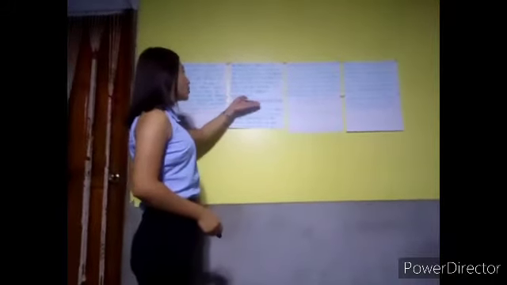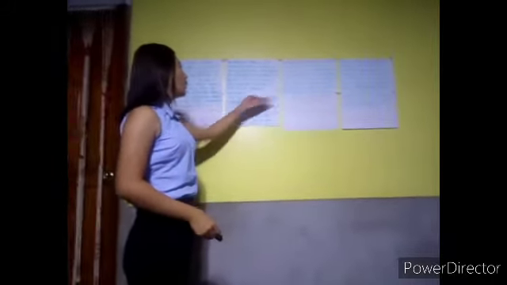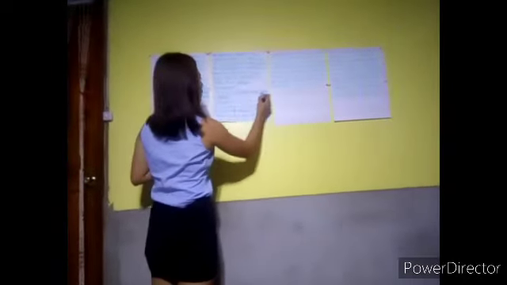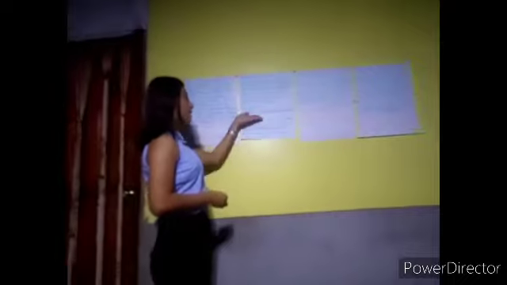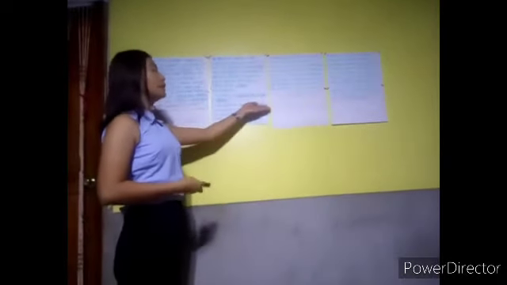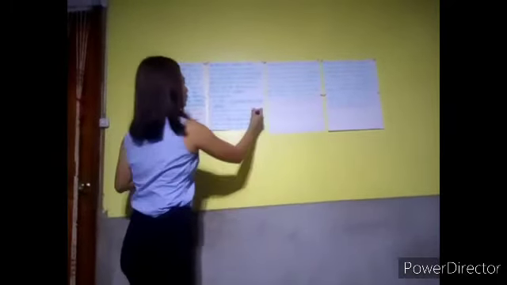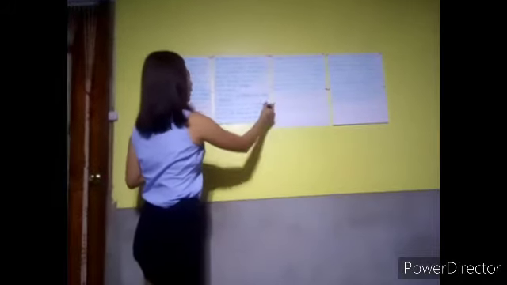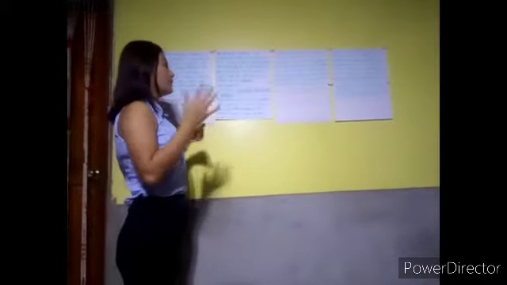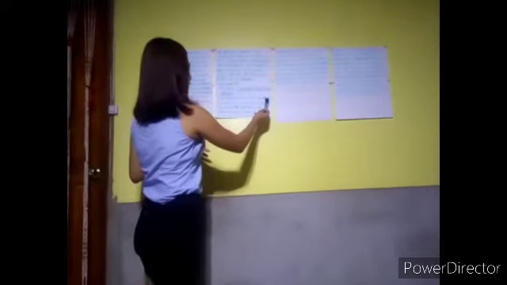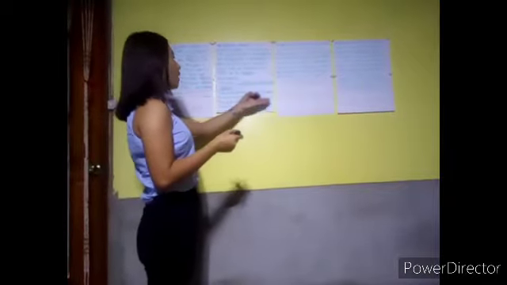He likes to knead the dough slowly. The highlighted words are to knead the dough slowly. The infinitive word in that sentence is to knead. The complement for the sentence is a direct object.